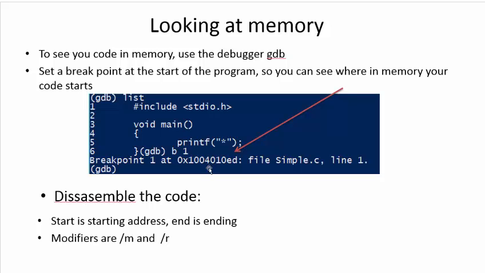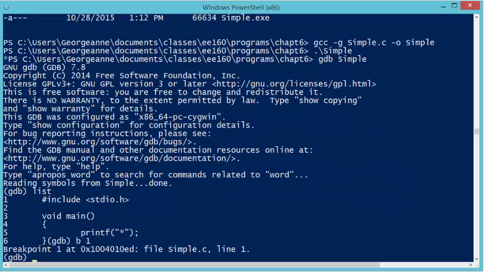My next step is to disassemble the code. I'm going to show you the disassemble statement, and then I'm going to come back to this PowerPoint and point out some things that I have highlighted. The instruction you need to say is disassemble, D-I-S-A-S-S-E-M-B-L-E, and I want to disassemble starting at the address where the code is.